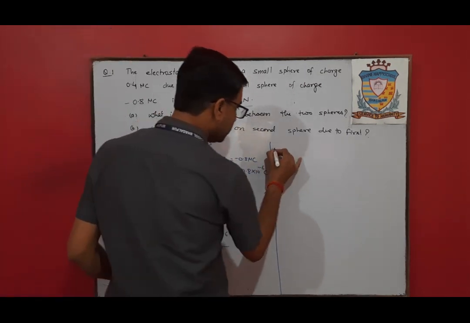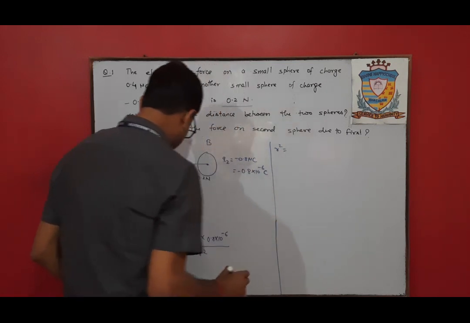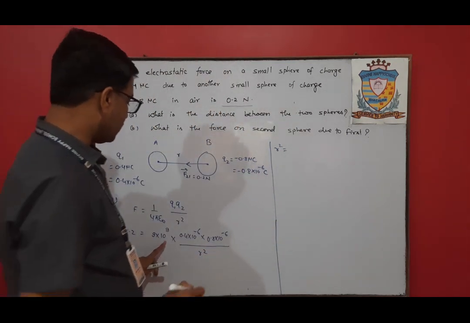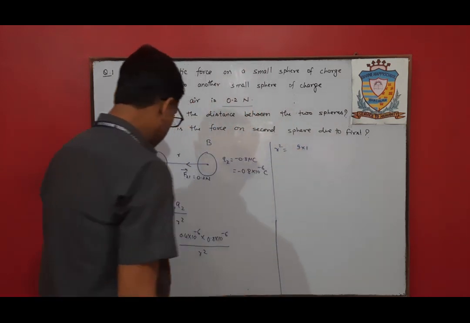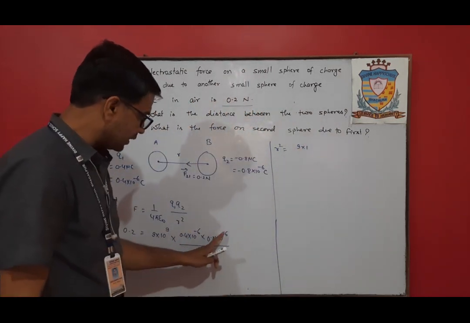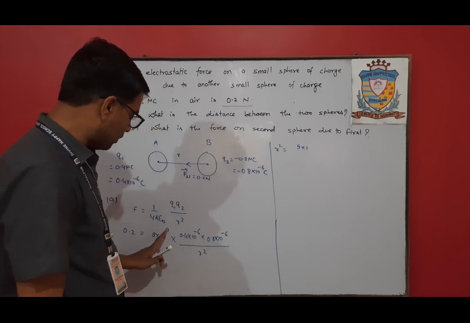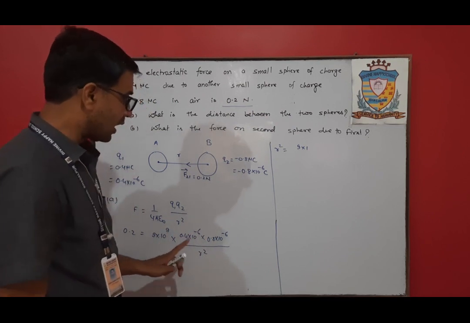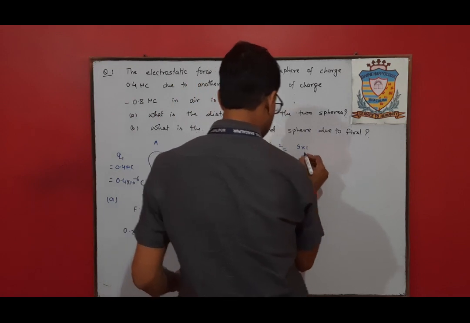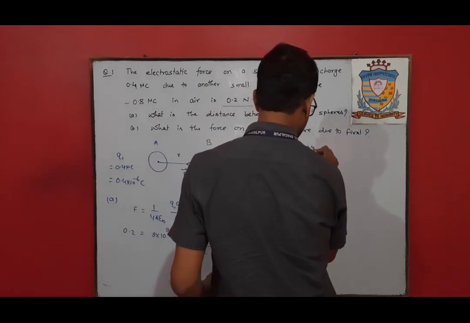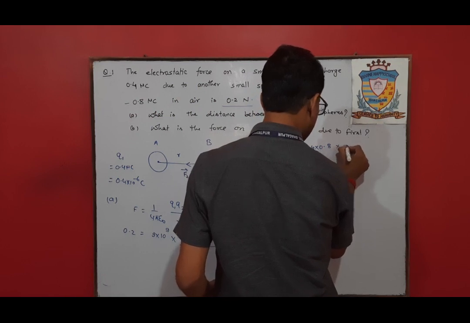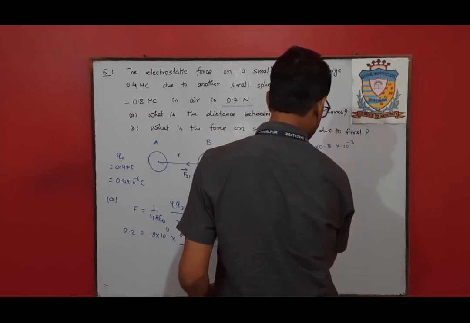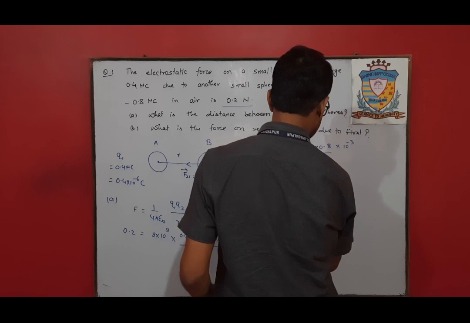This r square can be written as 9 into 10 to the power 9, and the power of 10 is minus 6 minus 6, minus 12 plus 9, which is minus 3. So here it is 0.4 into 0.8 into 10 to the power minus 3 upon 0.2.